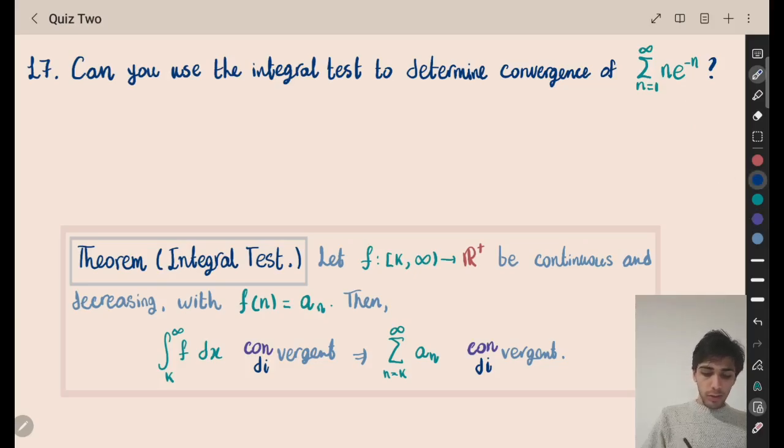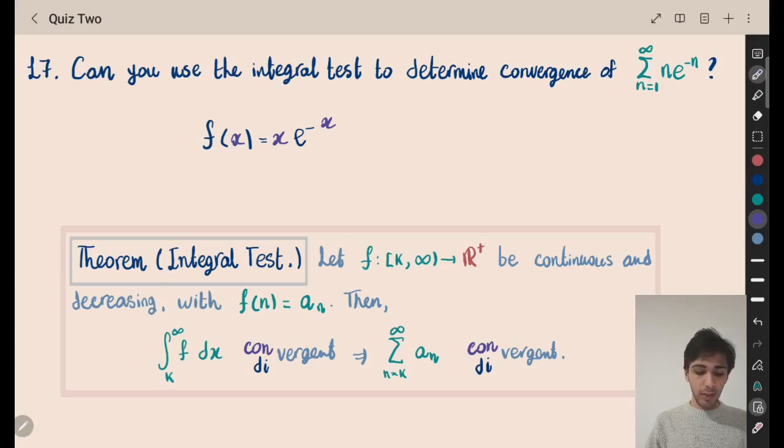What function, so it's a reverse question, what function, when we put n, we get the sequence a_n, which is n e to the minus n? Well, this is very simple, right? I mean, all right, just replace the n with x and make x be any real number. Well, not any real number, in this interval. And then you're done.